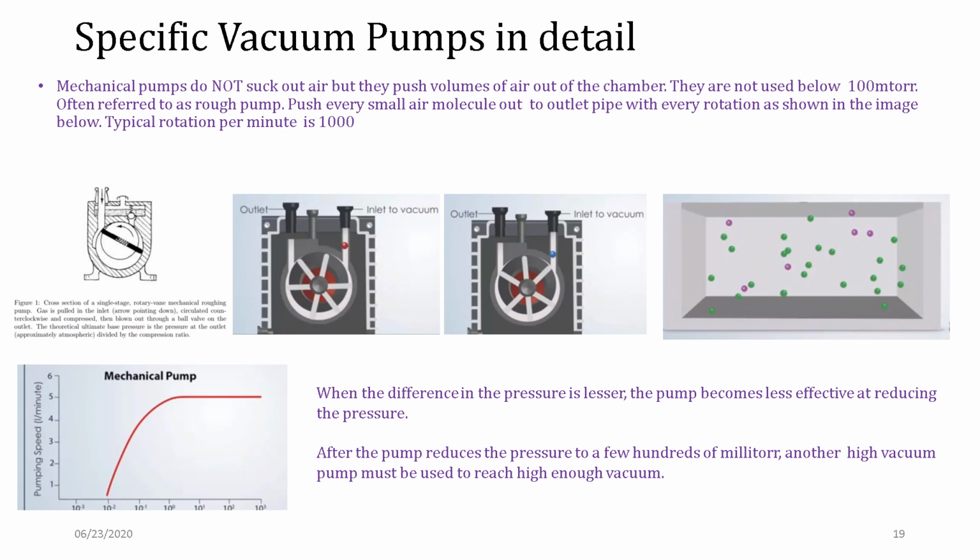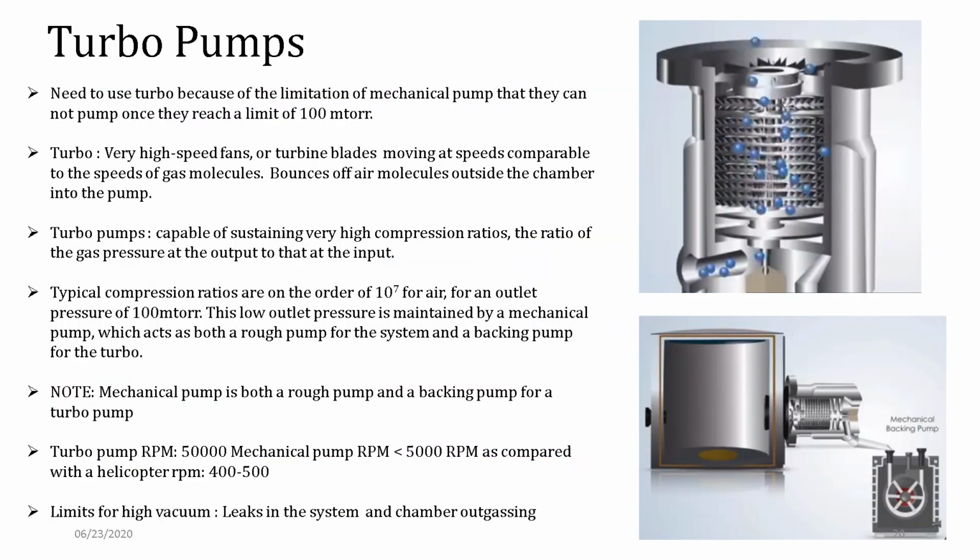Until then, to establish that level, we need to use mechanical pumps. If you consider pressure versus pumping speed, after a particular pressure it doesn't pump at all. It becomes saturated here. The next pump is a turbo pump. Of course, the backing pump is also used in deposition systems.